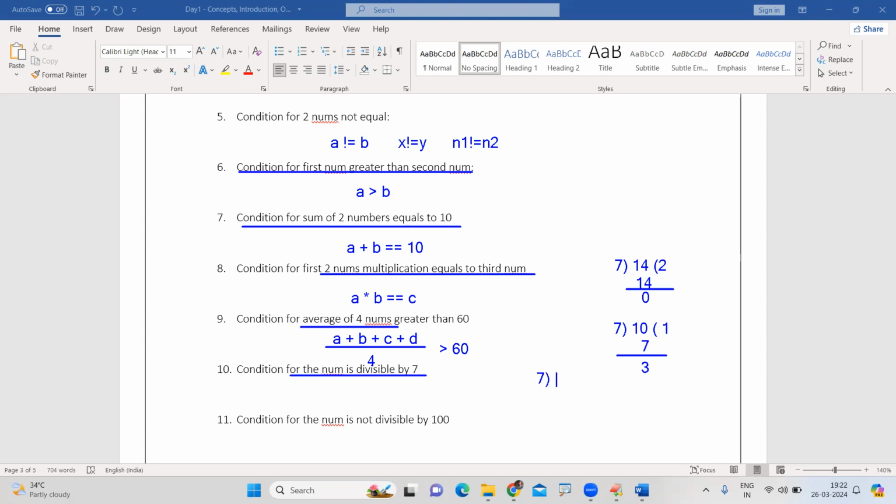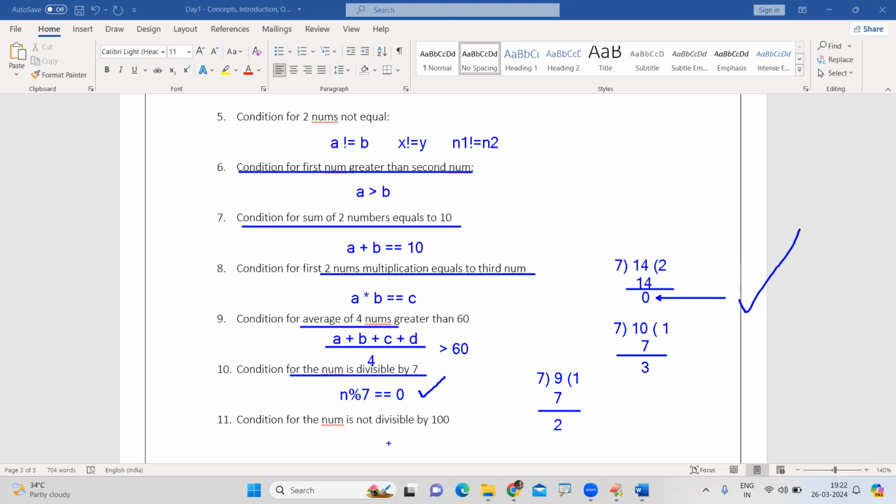Next one is 9: one time is 7 and the remainder is 2, like this. So whenever the remainder is equal to 0, you can say that it is divisible. Nothing but the number mod operator with 7, then remainder equal to 0. Simple way of explaining.